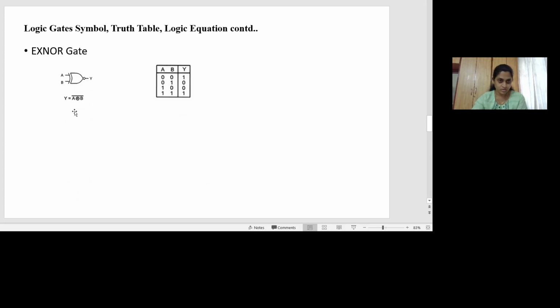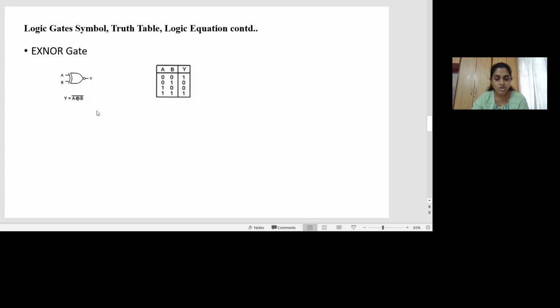Now let's go to the last gate, the XNOR gate. Have a look at the Boolean expression. It is written as y equal to A XOR B, and above that I have put a bar, or I have complemented the output of XOR gate.